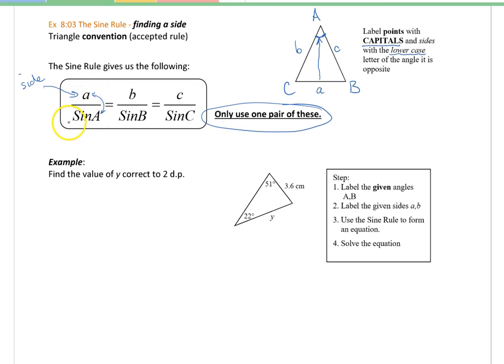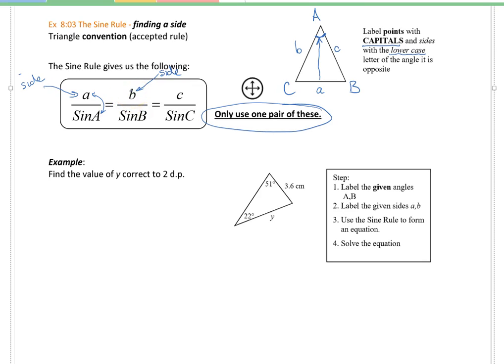And that's what you'll see us do in these examples. And what do we know it's equal to? Well, it's equal to whatever the length of side b is over the sine of the angle B. So it's really important to know that these two fractions are equal to one another.